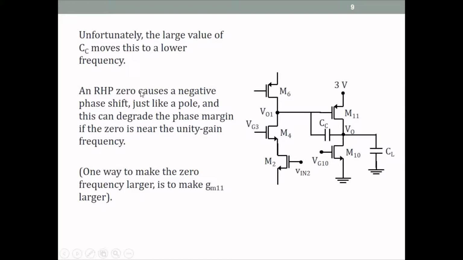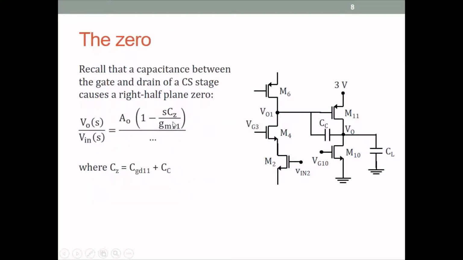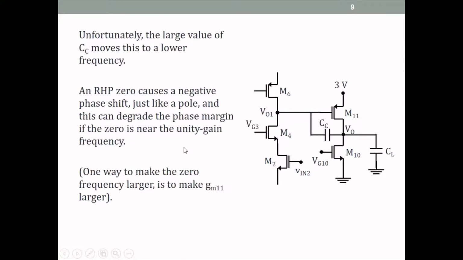This is not good, and this can in fact cause the phase margin to remain poor in spite of Miller compensation, and that's why I call this a disaster. By the way, remember, one way to make this zero frequency larger is to make gm11 larger. So one does do that, but usually that is not sufficient.